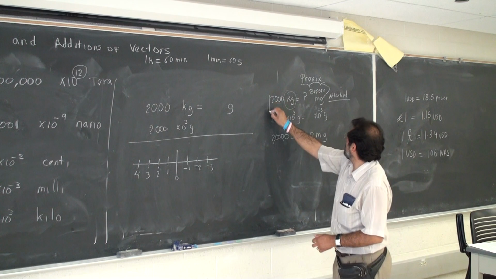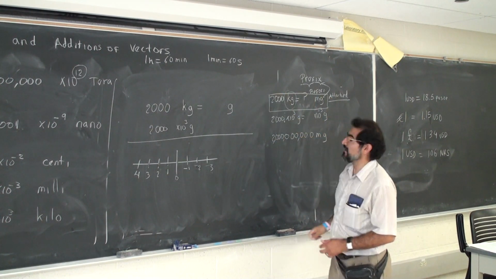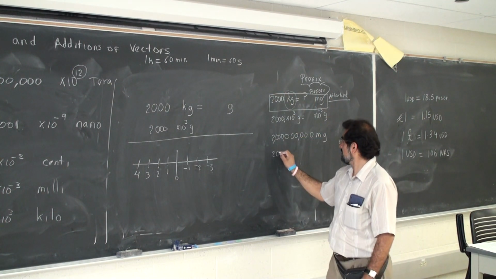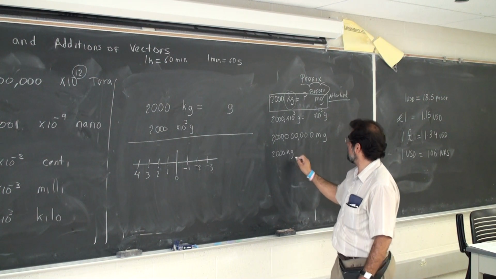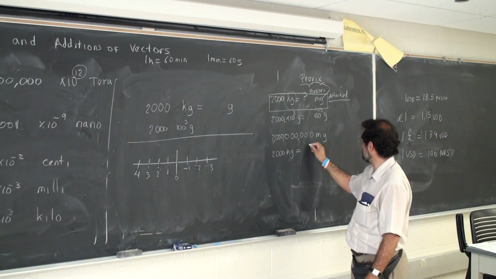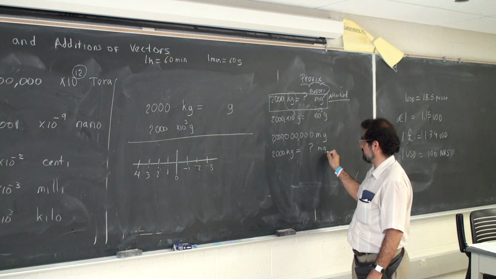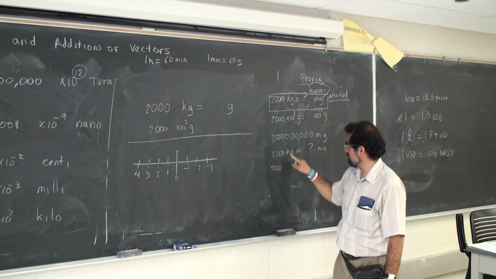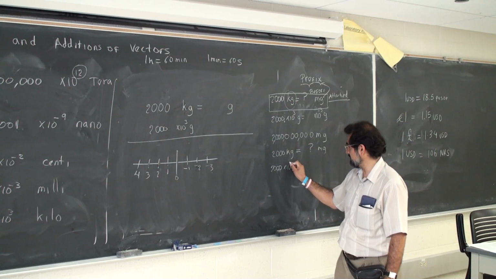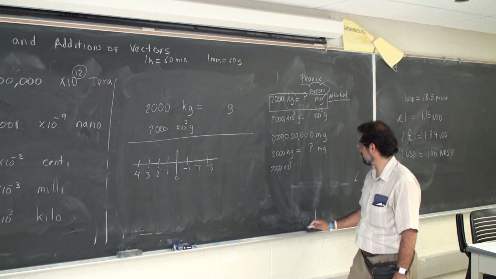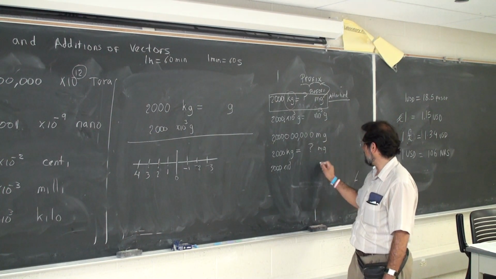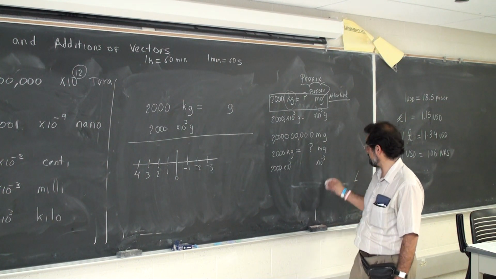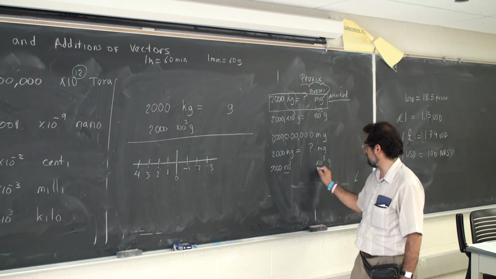So I'm going to use the same example: 2,000 kilograms transformed to milligrams. This technique consists, again, of identifying the power of 10 that you have associated, identifying the power of 10 of the units that you want to transform. That is the very first part.